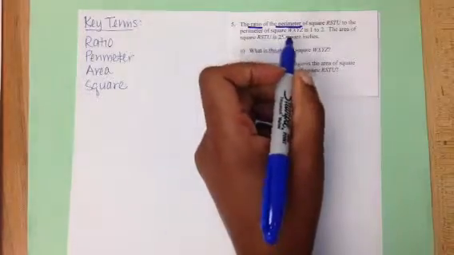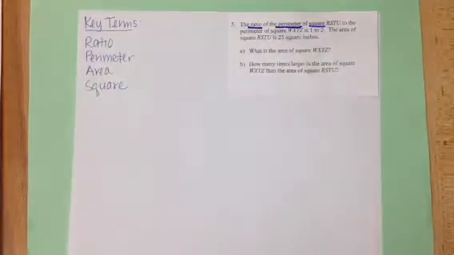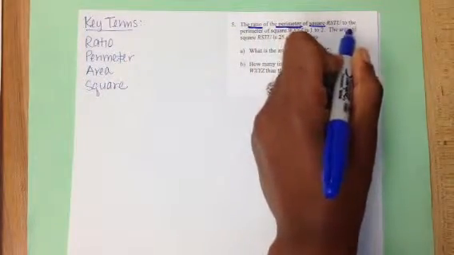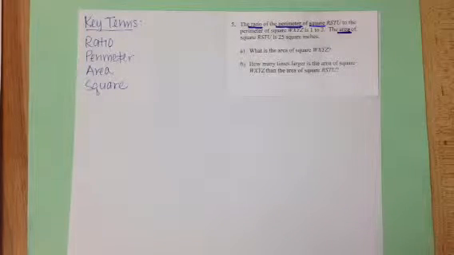A square is a quadrilateral with 4 congruent sides. And area is calculating the space inside a figure, whether it's a polygon or circle.